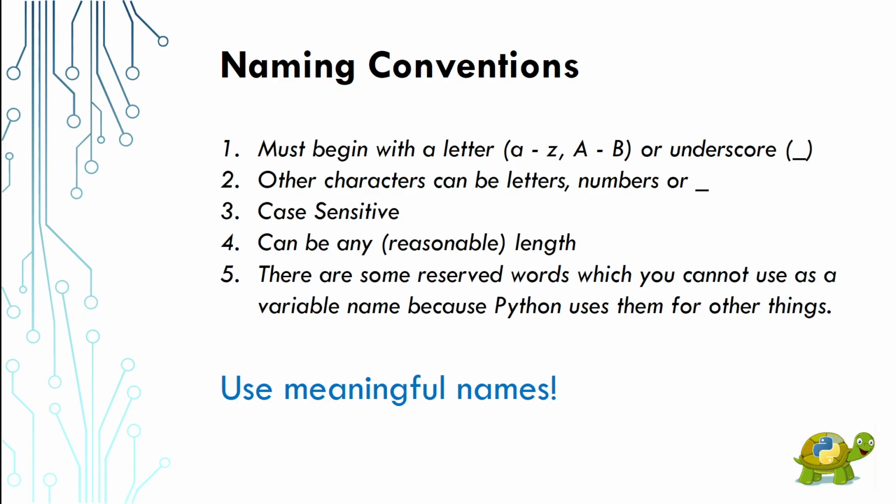You'll learn about these reserved words as you go, but just realize that if your program screams at you about a particular word, it might be because the word is already being used by the program. But the ultimate rule that'll probably make your life easy: if you simply use meaningful names, you probably will adhere to all these other rules as you go.